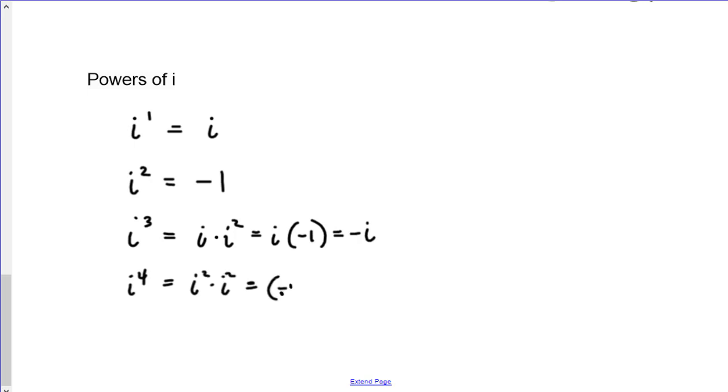Well, i to the third power would be i times i squared. So i times negative 1, which is negative i. i to the fourth power is the same thing as i squared times i squared, or negative 1 times negative 1, which is actually positive 1.